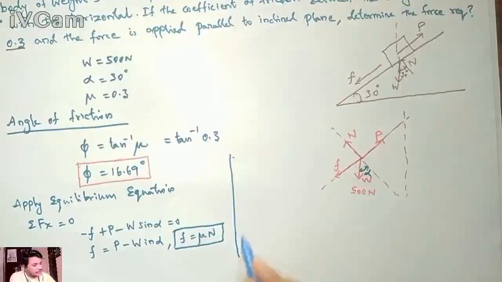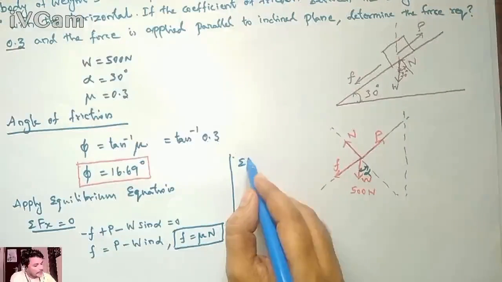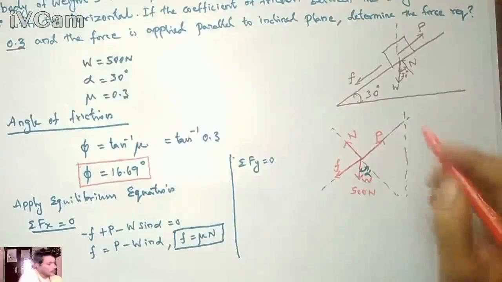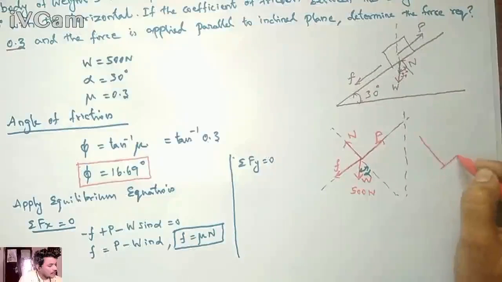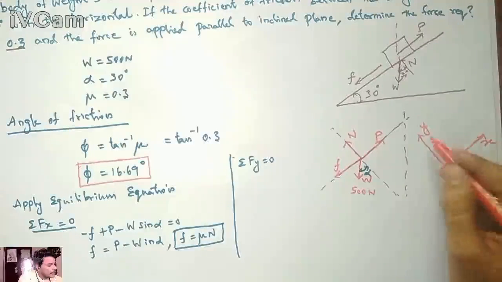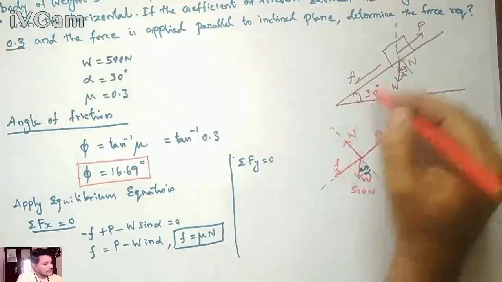And then next, similarly, resolve all the forces in the vertical direction, that is, sum of Fy equal to 0. In this problem, the surface is inclined, so the reference coordinate axis is here. This is the x axis and this is the y axis. According to my terminology, this is my x axis, not horizontal, because the surface is inclined.